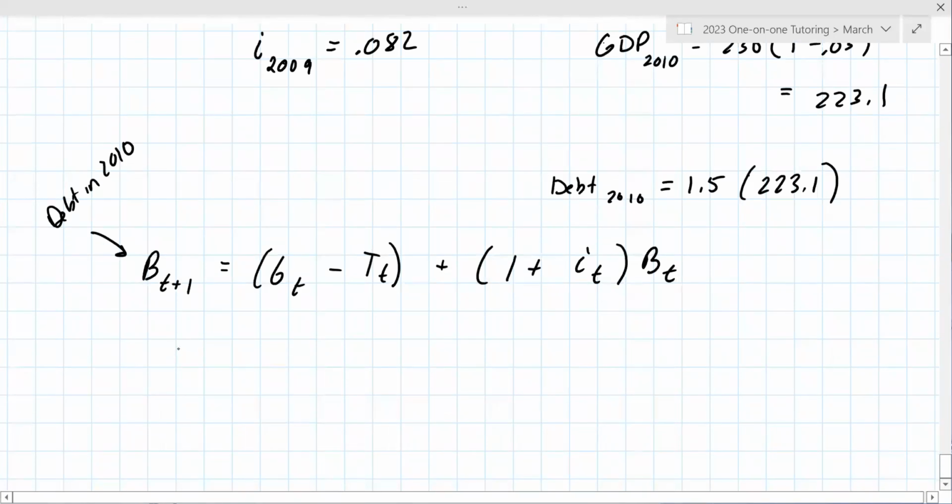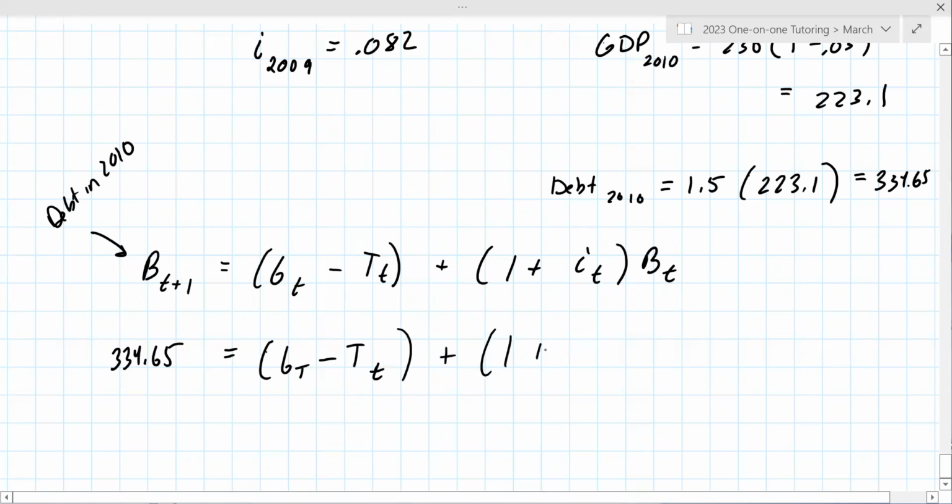Yes. So you've got this result here, which is 334.65. 334.65 equals, we don't know these values right here. So that's what we're solving? Probably, yes. We don't know these values, but we do know that the interest rate is 1 plus 0.082.